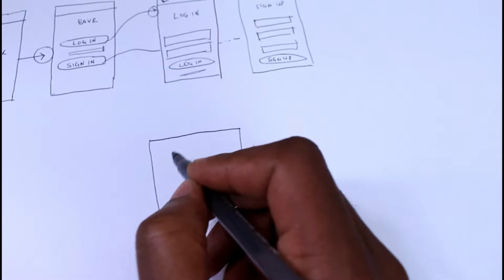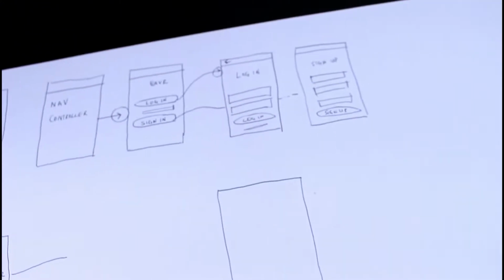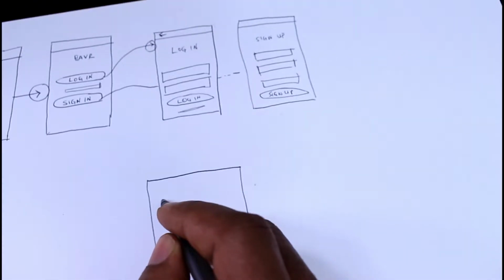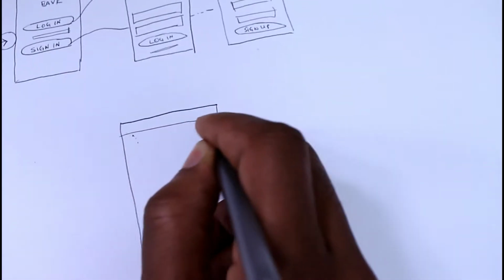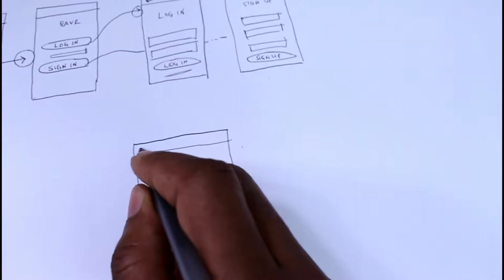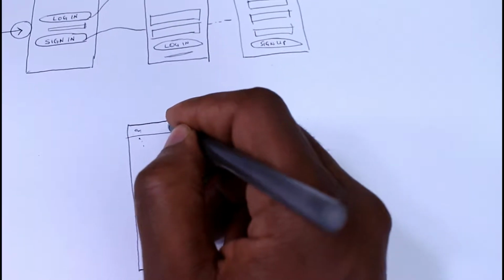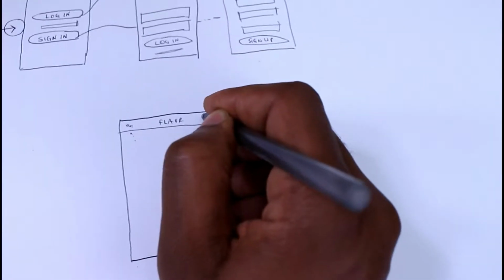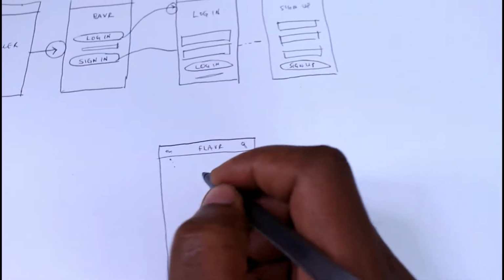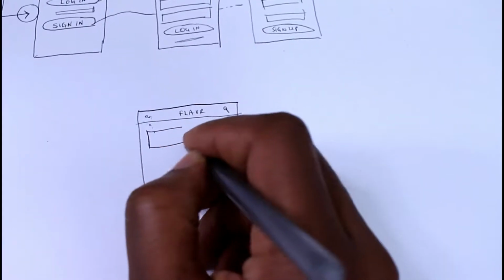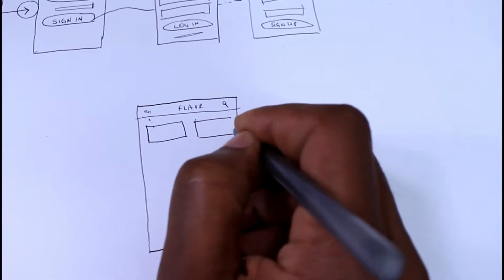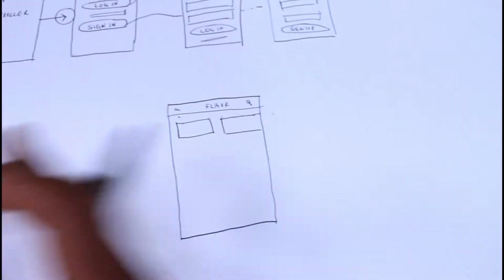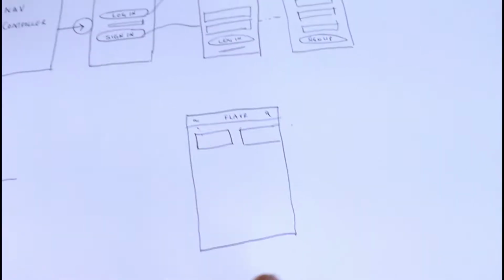And this home table view controller, just like we have right here, has featured recipes and latest recipes. So it has a nav bar there, it has a title here, it has a search icon right there. So it has something like this, the recipes that can scroll like that, the featured recipes.